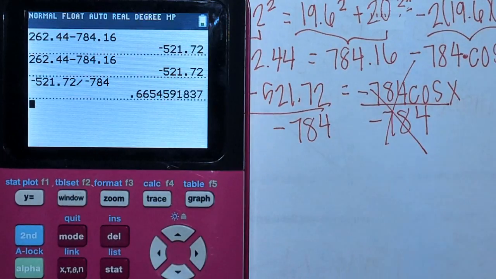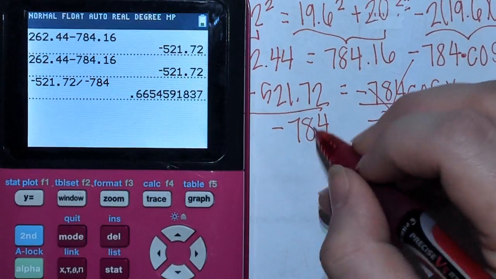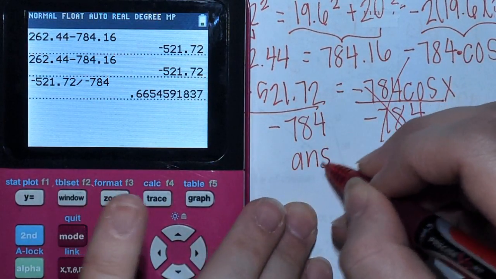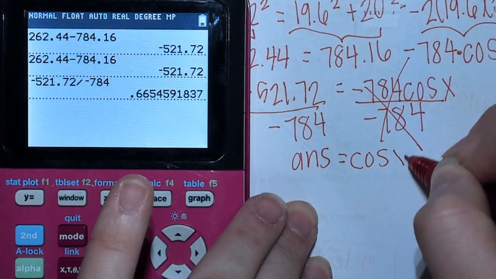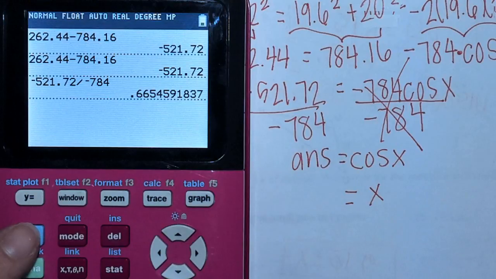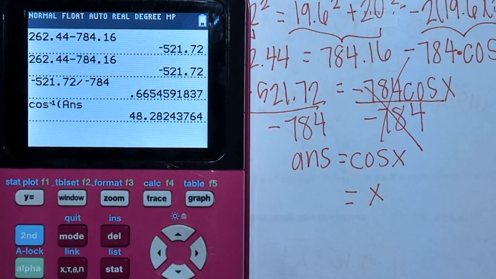If I break cosine in x, I have to do what? Second cosine. Because right now I have all this. This is what I'm calling my answer. I have my answer equals cosine x, but I want x by itself. So I need to do second cosine, second answer, and this is my answer.